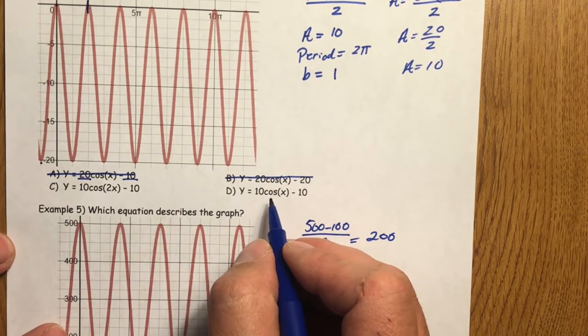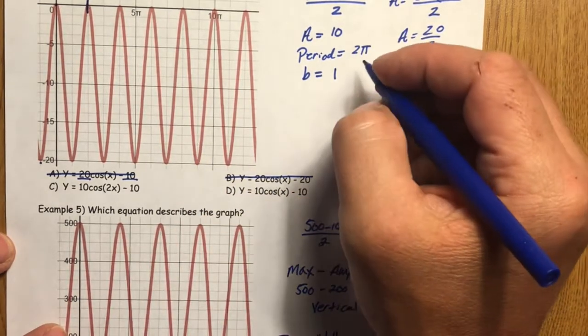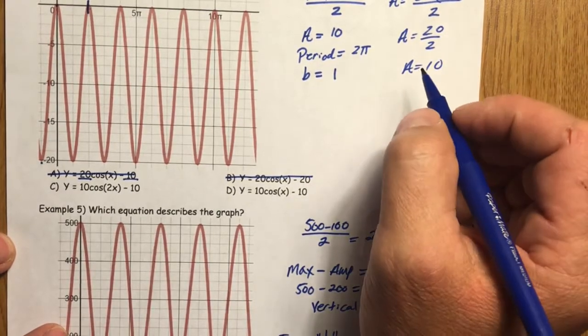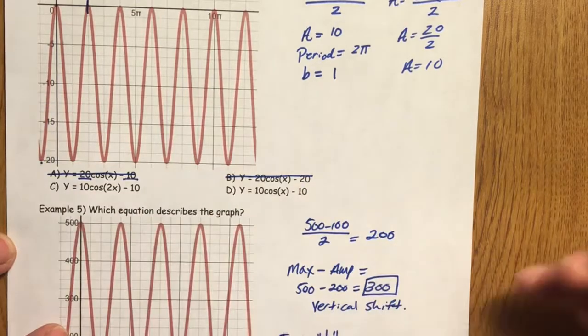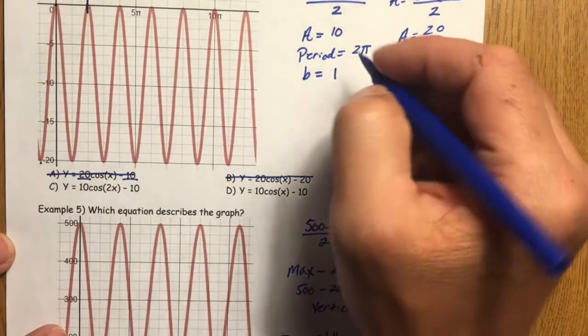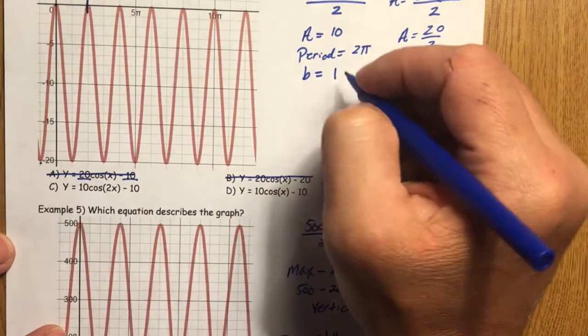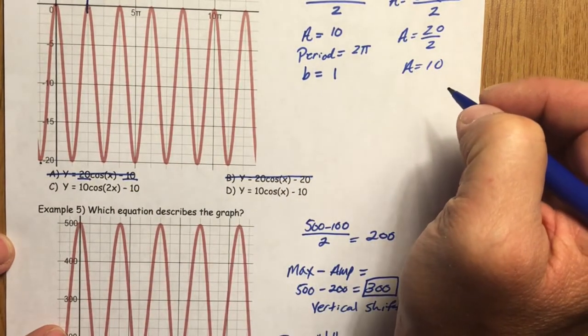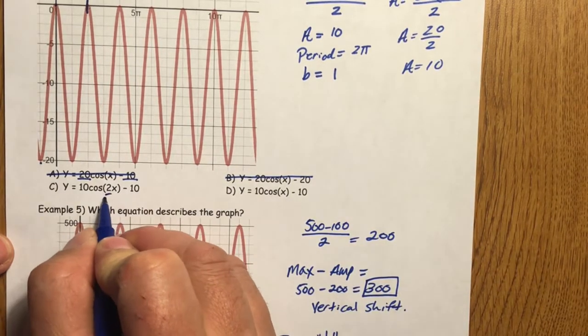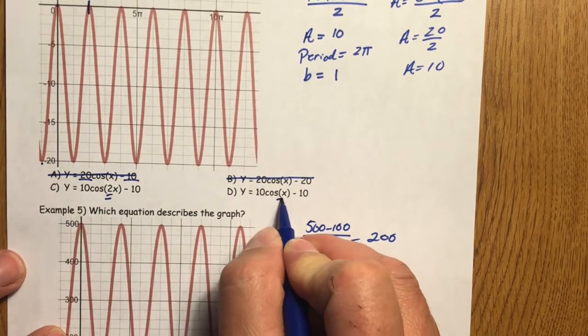If I want to find the midline, remember the midline is halfway between the middle of the graph. Well, I already found the midline, so let's find our b value. Because in this case, b is 2, in this case, b is 1.